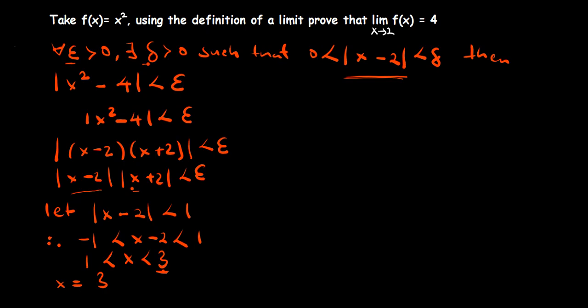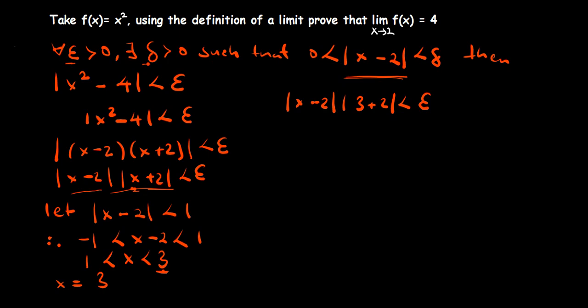From where we ended here, you will replace this part where there's x plus 2. Where there's x, you replace it with 3. So when you replace that, you will have x minus 2, then 3 plus 2 modulus less than epsilon.